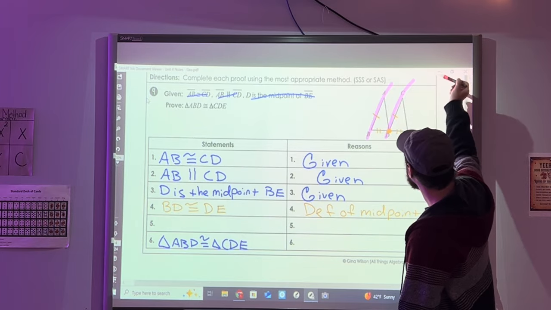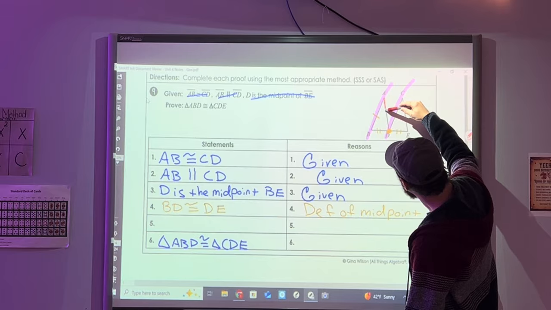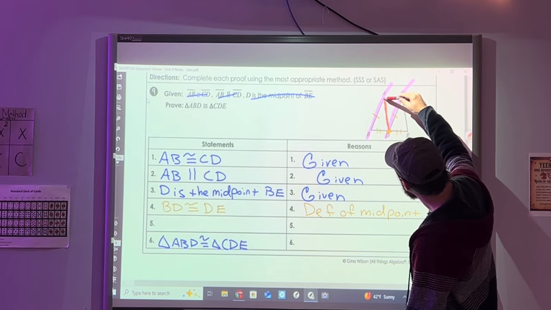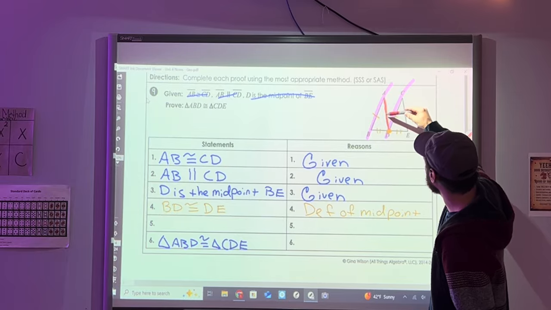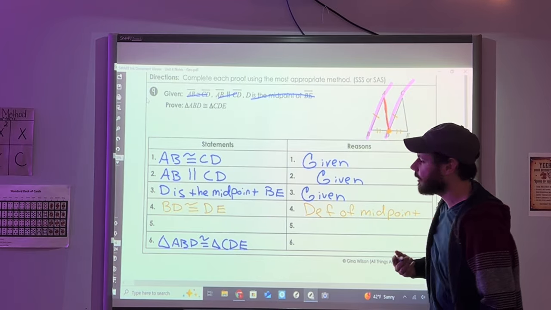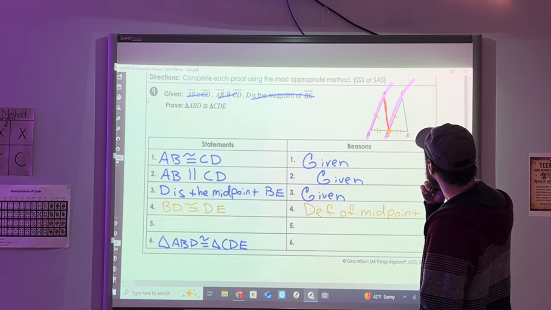What's the line connecting those two? This one right here, the line starting at that purple and ending at this purple. So I need to find two angles that potentially match each other.